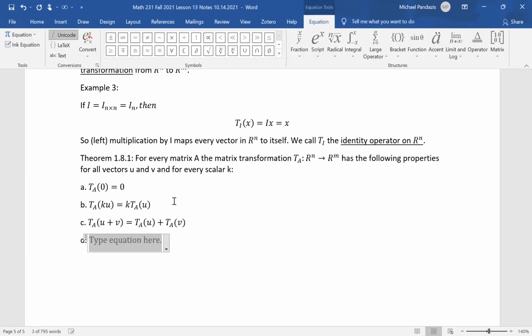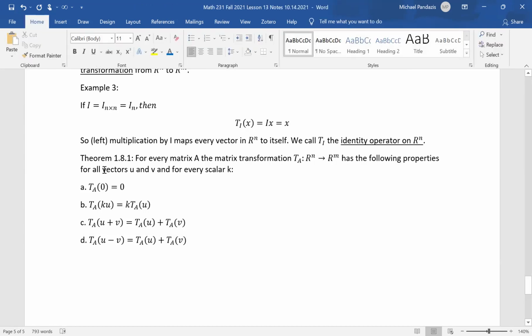And D, T sub A of u minus v is equal to T sub A of u minus T sub A of v.